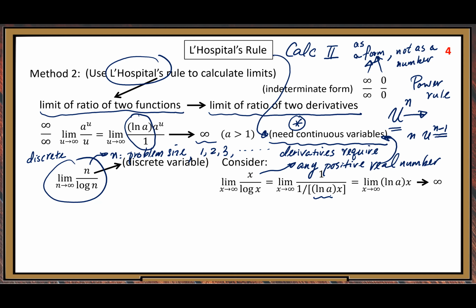But our original limit is on the discrete variable. So the question is, after we get a conclusion for the continuous variable version of the limit of the ratio, can we come back to the discrete version to make a conclusion?